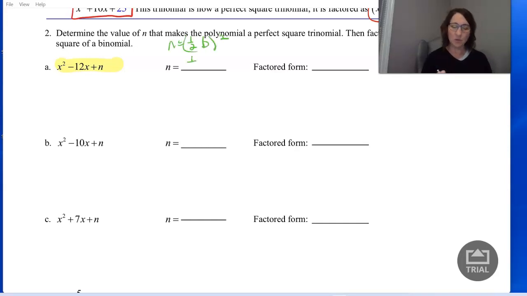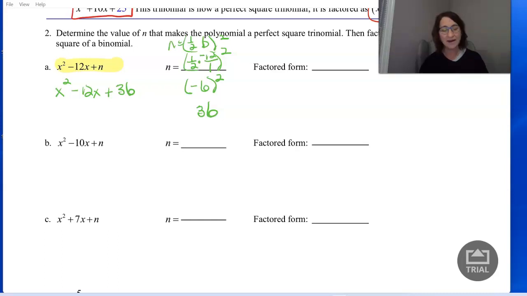So that's going to be 1/2 times negative 12, squared. I put the 12 up there closer to the numerator because I always like to do a fraction times a fraction. So that's going to be negative 6 squared, which is a positive 36. So this would be x squared minus 12x plus 36.